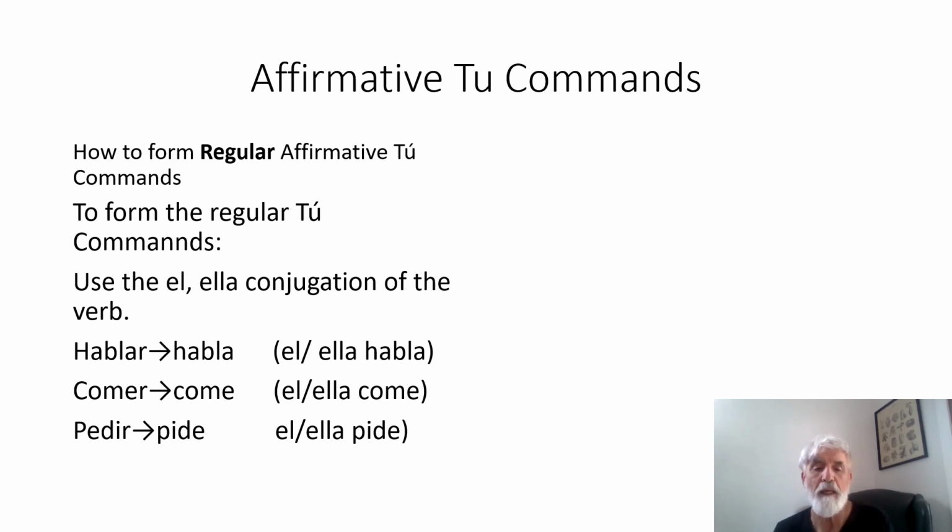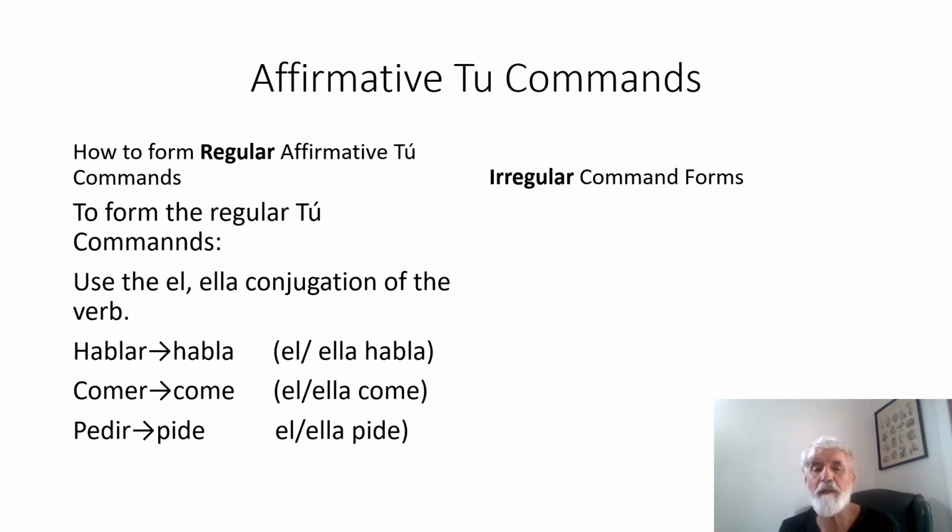We learned that. So the stem change is e goes to i, so pid, the ending e, pide, ella pide. So if you want to tell somebody to ask for water, pide agua, pide agua. Again, it's just the ella present tense conjugation of the verb. Very easy to form these commands.